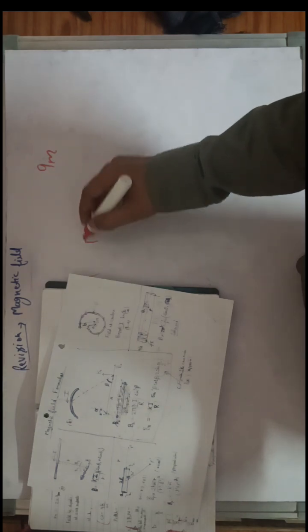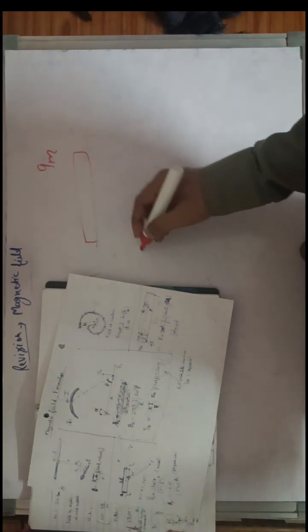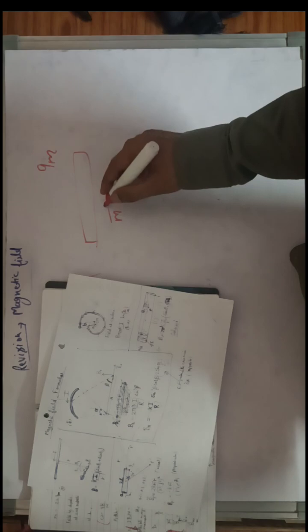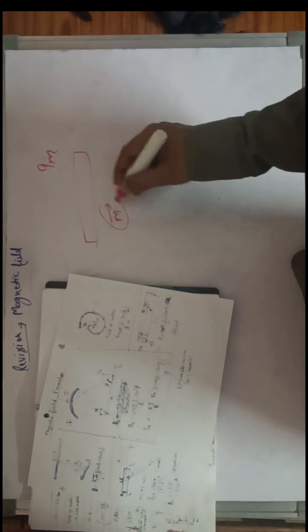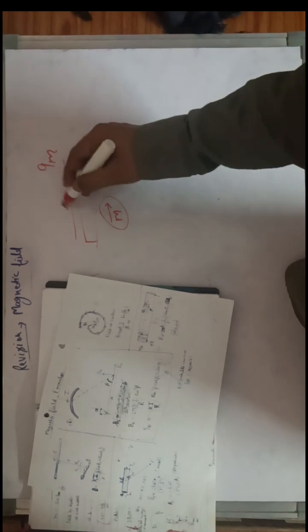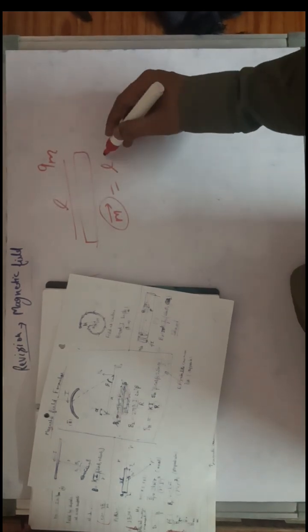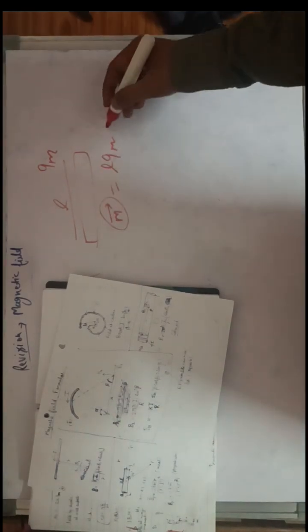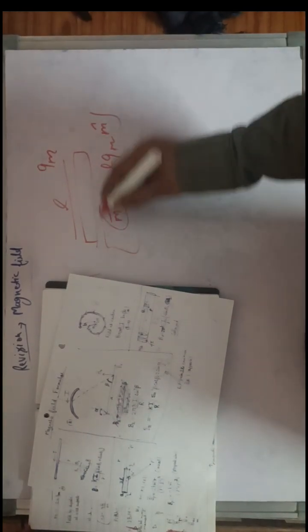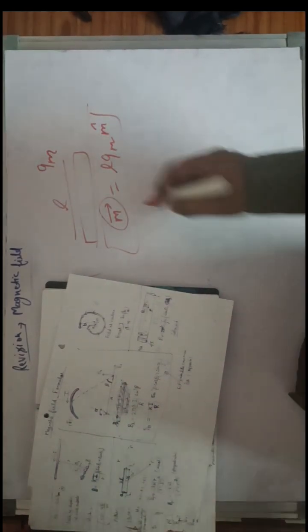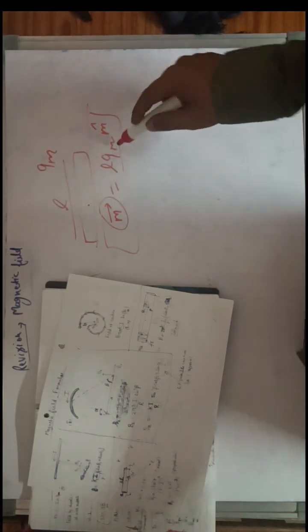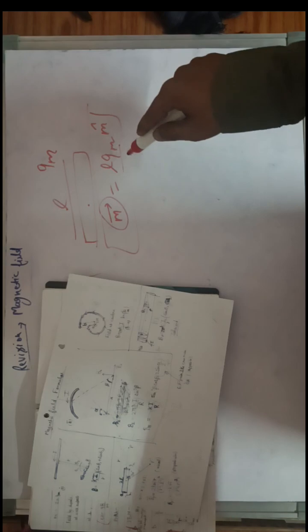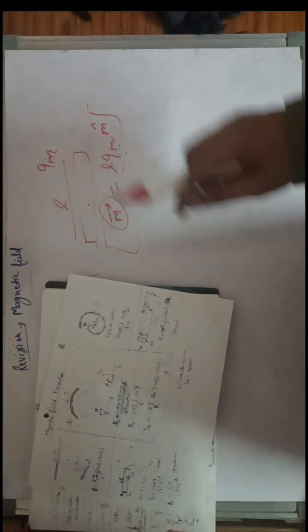And let's say there is a bar magnet here. Its magnetic dipole moment, let's say this is M, and let's say its length is L. Then this can be represented as L into QM, and the direction is simply the direction of M. So the dipole moment of this magnet can be written in this form, and this QM will be treated as the magnetic charge.